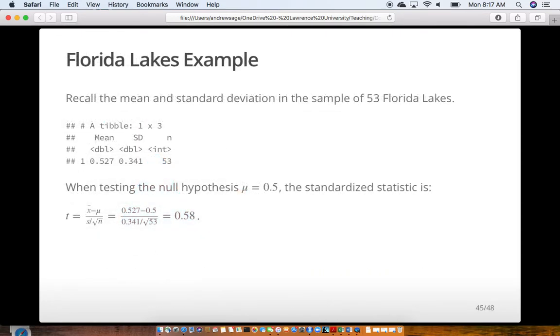In the Florida Lakes example, if we calculate a test statistic for our null hypothesis that mu, the mean mercury concentration in all lakes, is 0.5, we calculate that by taking our sample mean, 0.527, minus 0.5, and dividing it by the sample standard deviation over the square root of the sample size. In this case, that t-statistic comes out to be 0.58.